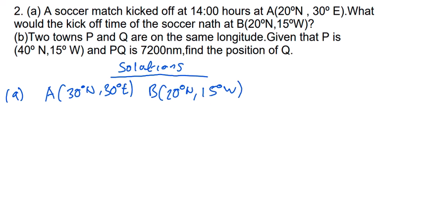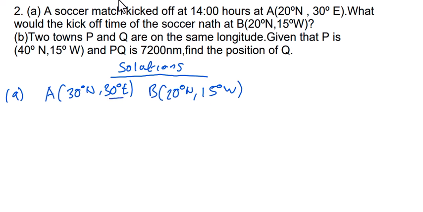What could be the kickoff time of the soccer match at B, 20 degrees north and 15 degrees west? So we know our data has been given. In order for us to calculate our time, we simply add what?